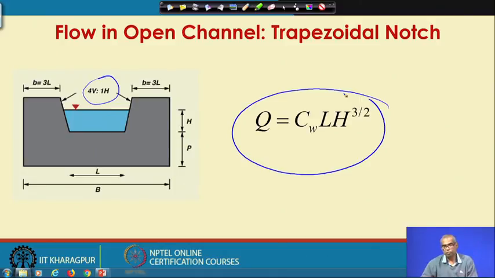The relationship between the flow rate, the length L of the trapezoidal notch and the height is given as Q equal to Cw into L into h to the power 3 by 2, where again Cw is the constant or coefficient for this trapezoidal notch.